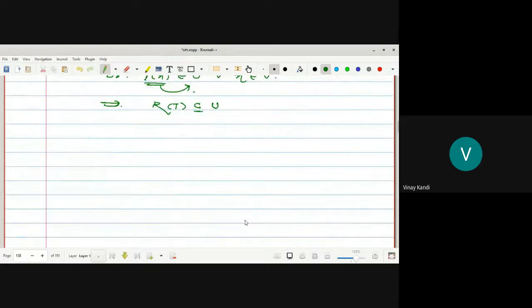To prove that, we have to prove that the range space of T is a subspace of U over F. Look here.